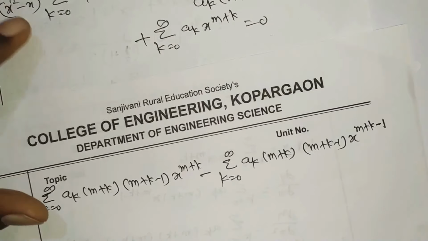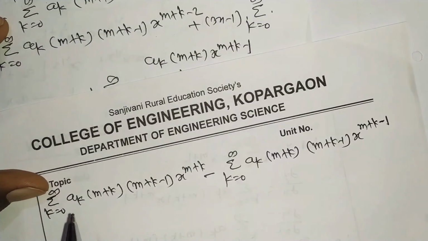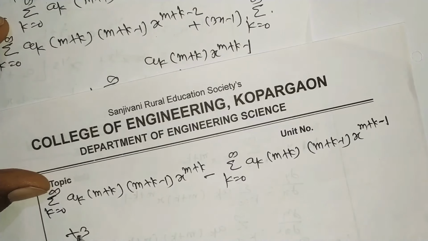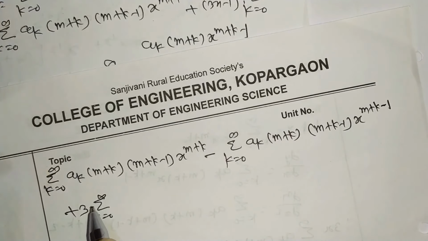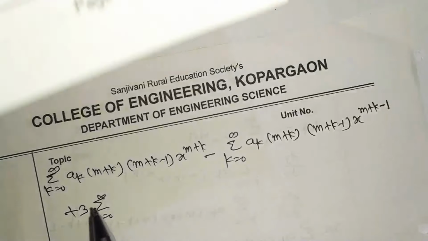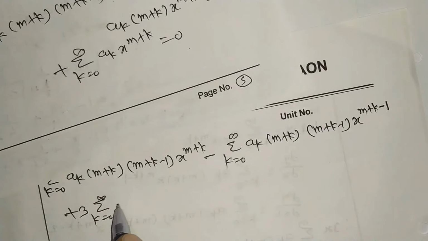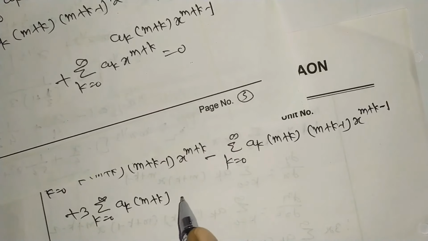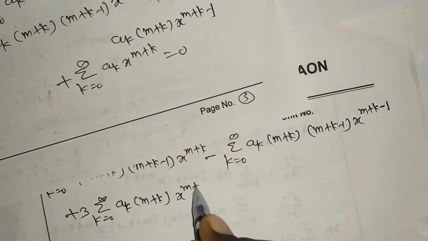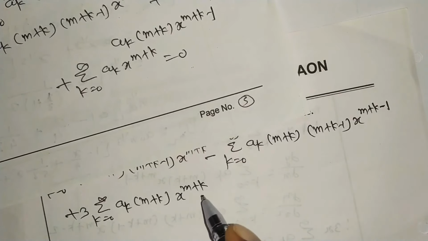The next one is plus (3x minus 1), so plus 3 into summation of k varies from 0 to infinity x into this, that is a_k (m plus k) x to the power m plus k minus 1 plus 1, the 1 gets cancelled.